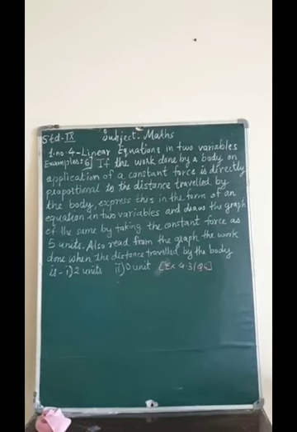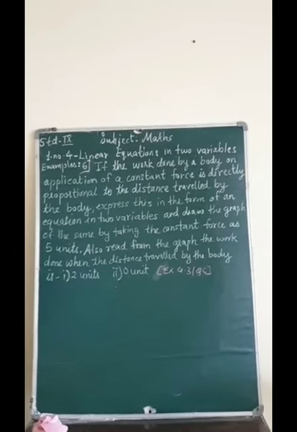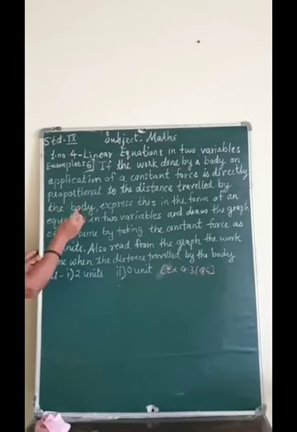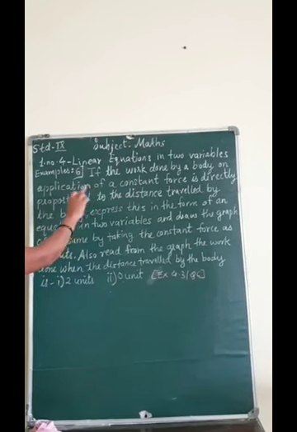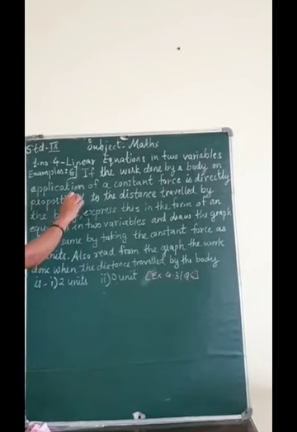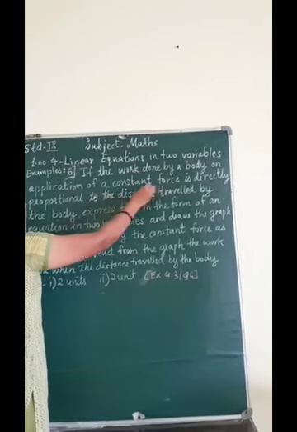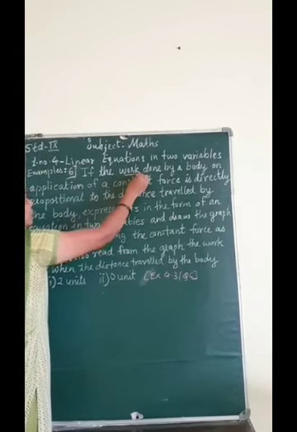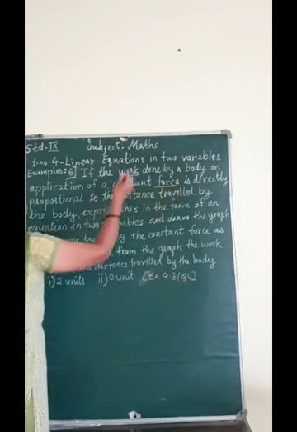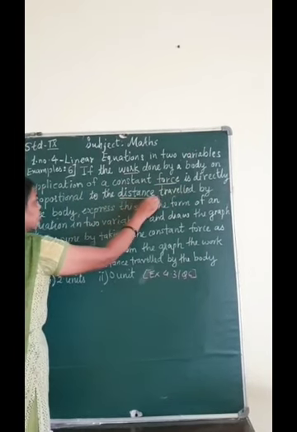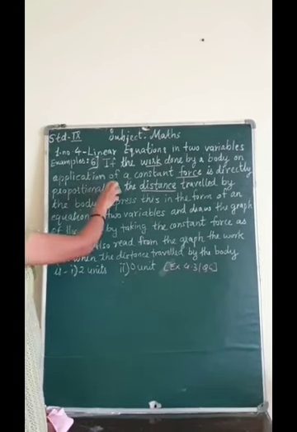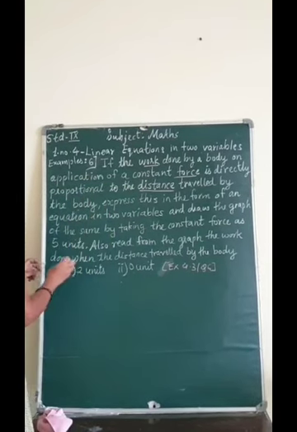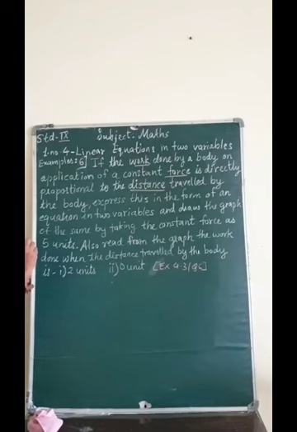Now in this question, we have to read two important things, and that is the work done by the body on the application of a constant force. Work, force, directly proportional to the distance travelled. So these are the three quantities they have given us, and we have to form an equation using these three quantities.